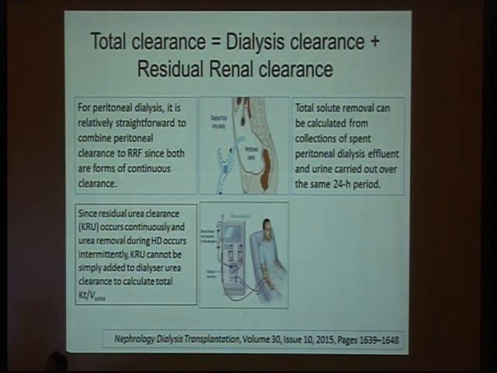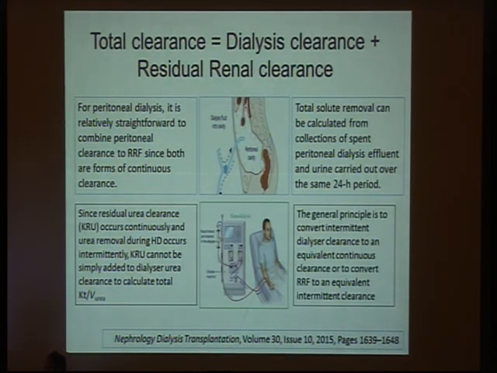But the problem is in hemodialysis, because the clearance of hemodialysis is an intermittent process, while that of the residual kidney function is a continuous process. So the general principle is to convert either the continuous clearance of the kidney into an intermittent equivalent, or the reverse.